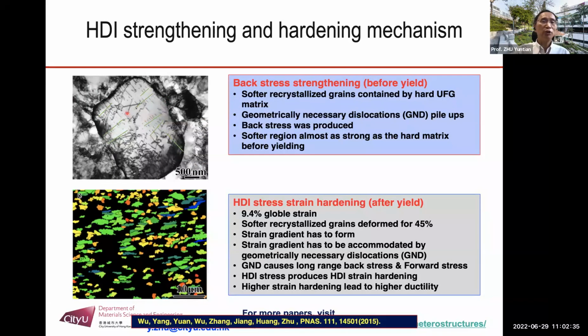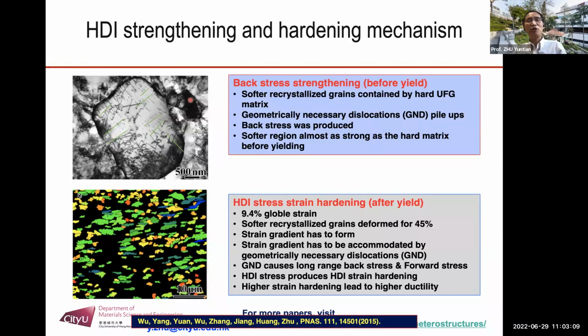And as you continually increase the applied stress, you get more and more GNDs piled up, but the dislocations can never get across, which means the matrix will not deform plastically, while this one becomes stronger and stronger. Effectively, when this one starts to deform, the matrix is also plastically deforming. Then that makes this softer grain almost as strong as the matrix. That's why the total strength does not come down.